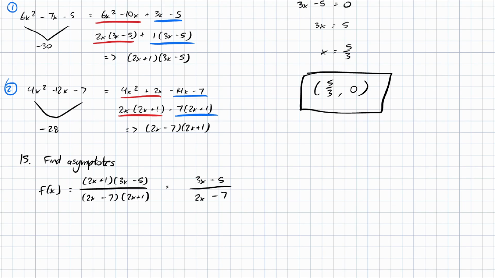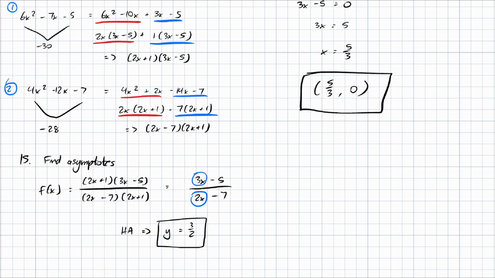And the order of the numerator and the denominator will go down by 1 each, so that doesn't matter either. Now, I see that 3x, 2x are my leading terms, and they are equal in order, which means my horizontal asymptote can be y equals 3/2. So that is one of my asymptotes.